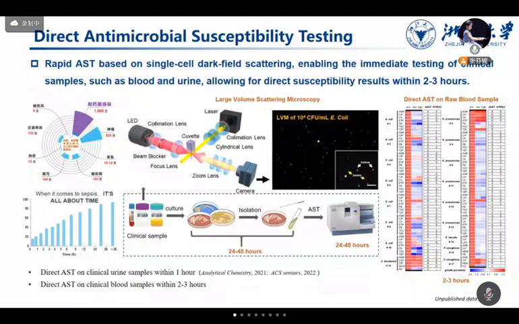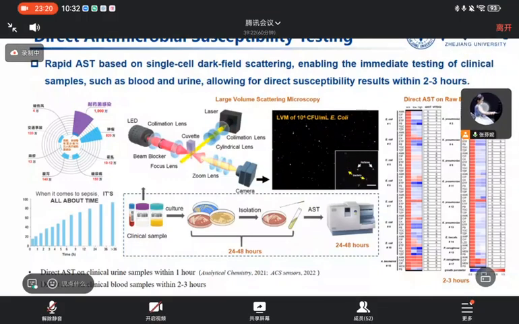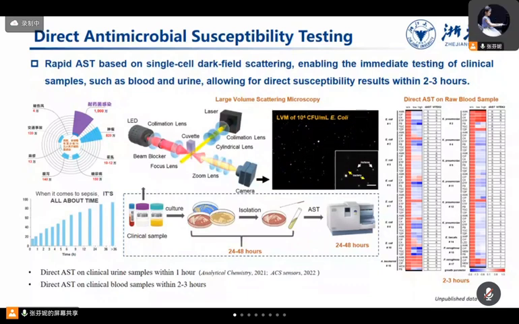You can see here all those blinking ones are single bacterial cells, like the blinking stars at night. The basic principle is that we are building a dark field imaging. We remove the background intensities of the light. Then we can see the single bacteria.